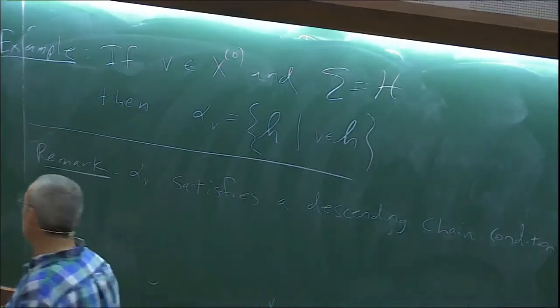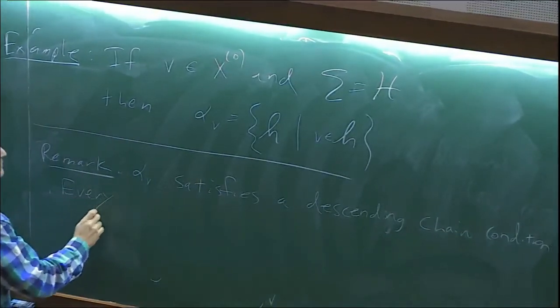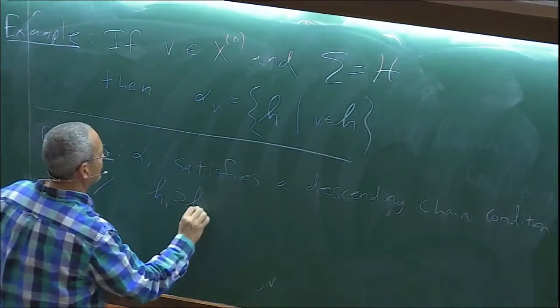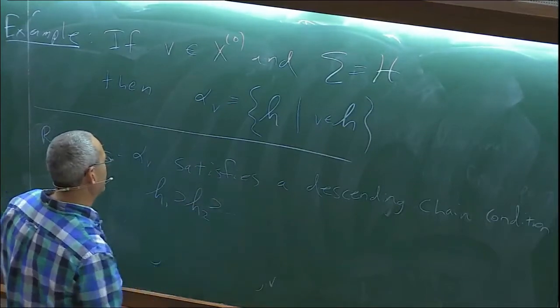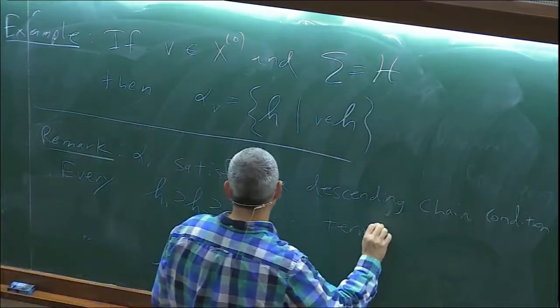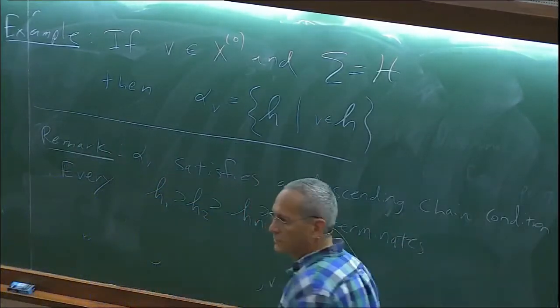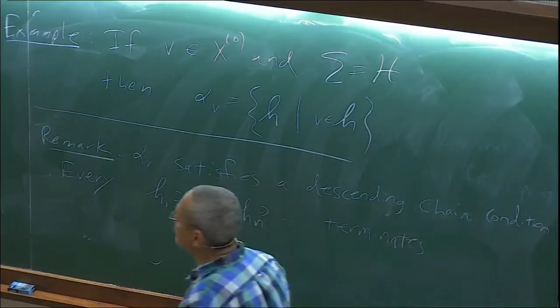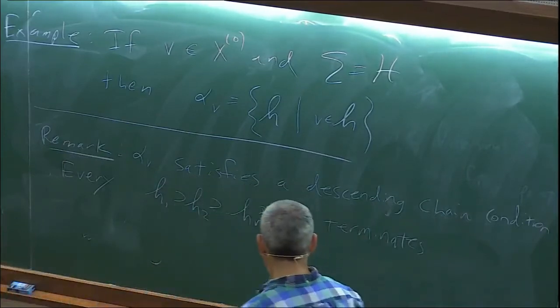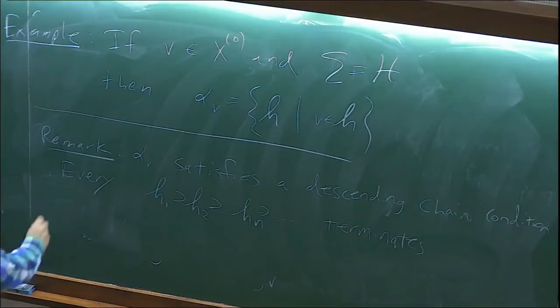Right, so every descending chain H1 contains H2 contains ... Hn must terminate. Because between any hyperplane and any vertex, there are finitely many hyperplanes, so you can't go on forever. Okay, so for an ultrafilter on a poset, you can talk about it satisfying this descending chain condition.